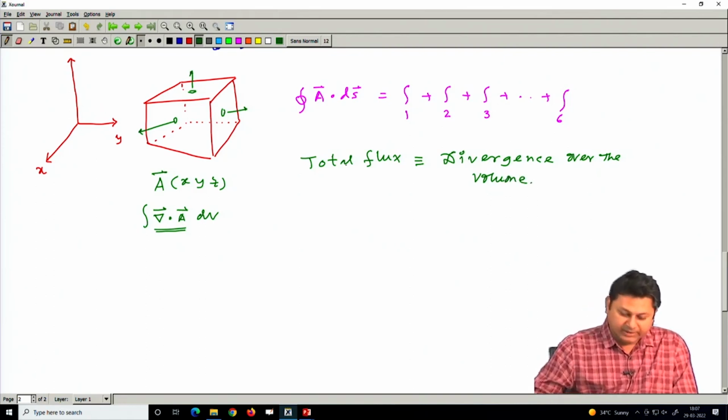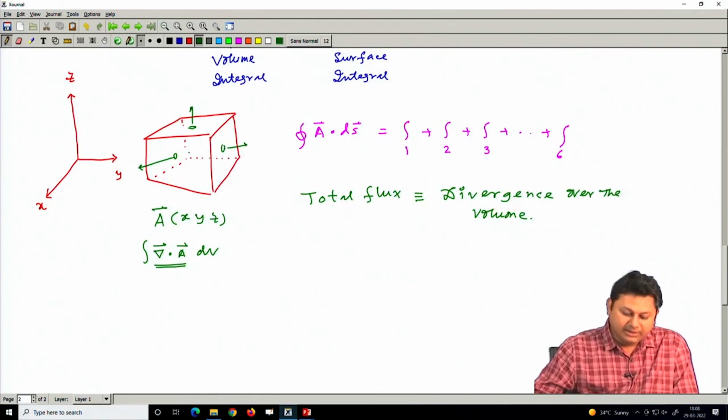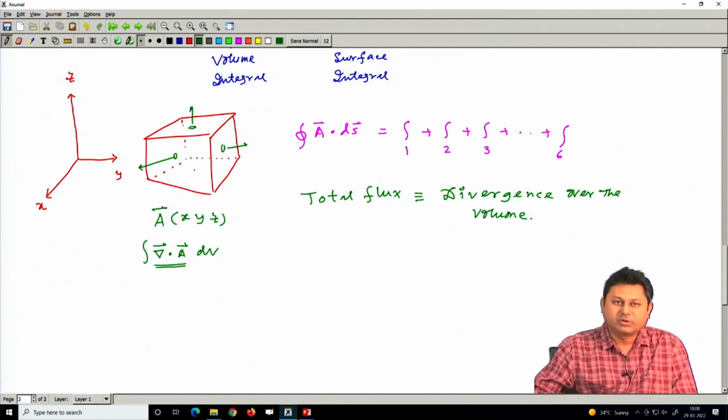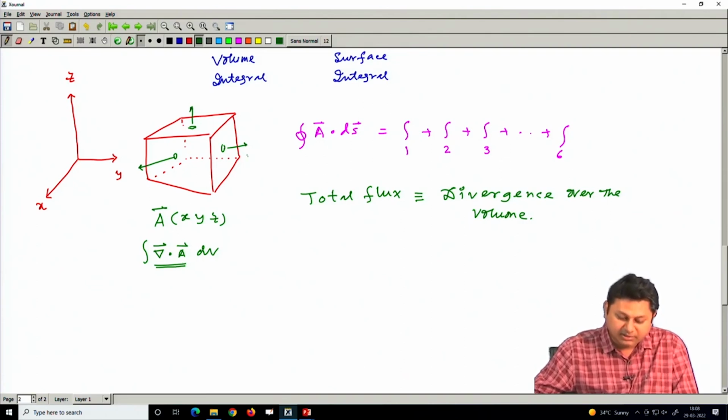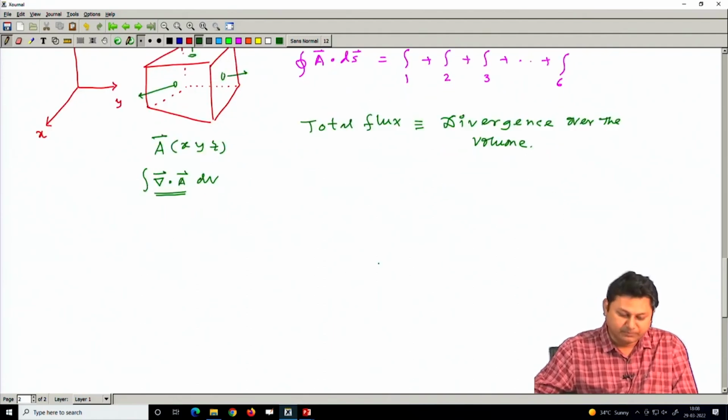So, if you have a vector field here and you calculate the divergence and then integrate over the entire volume, the same value is equivalent to the total flux coming out from the system. If you calculate the flux, the closed surface integral gives the same value that you get by calculating the divergence over the volume.